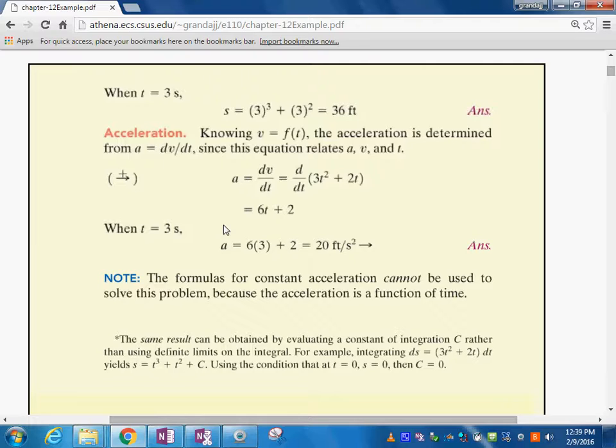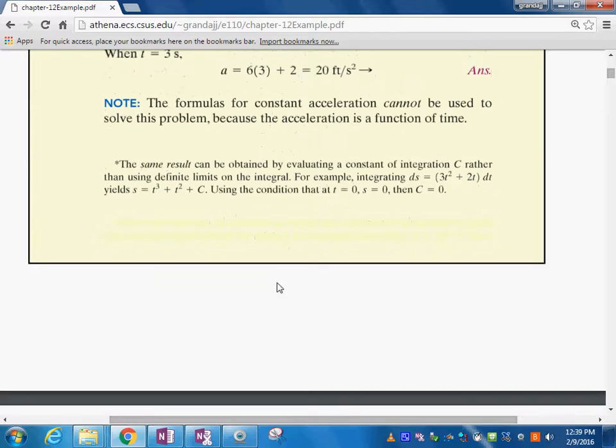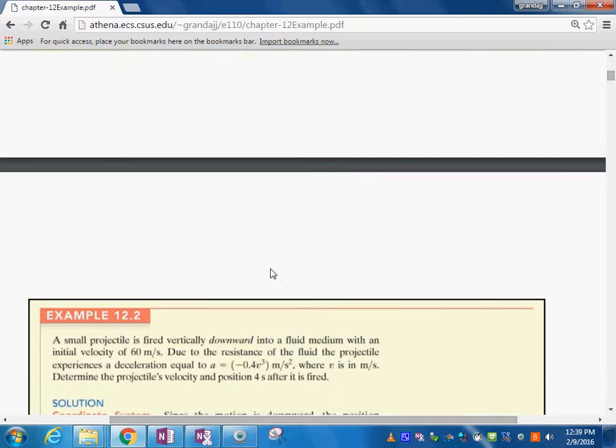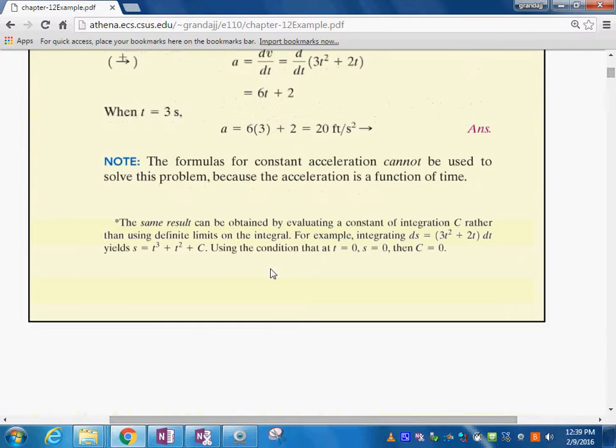Here is an observation. The same results can be obtained by evaluating a constant of integration rather than using definite limits on the integral. For example, if you integrate ds equals 3t squared plus 2t dt, you will obtain that s is t cubed plus t squared plus c.